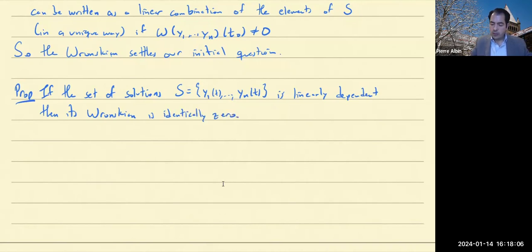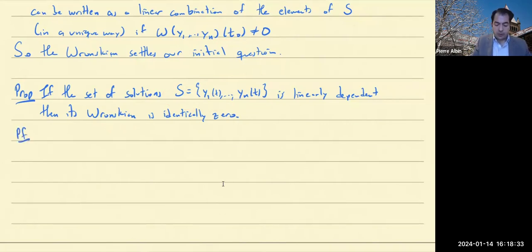Right? So we talked about wanting a linearly independent set of solutions just from the point of view of efficiency, of avoiding redundancy. But on the other hand, if the Wronskian is going to be how we measure our success, then we need to have a linearly independent set if we want the Wronskian not to be 0, because when the set is linearly dependent, the Wronskian is identically 0.